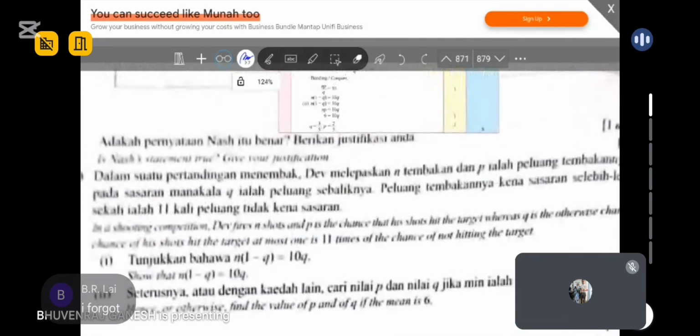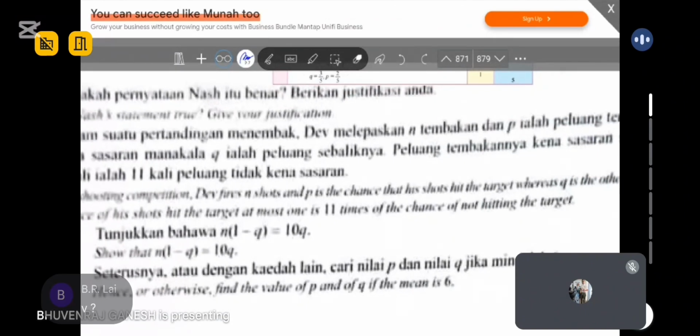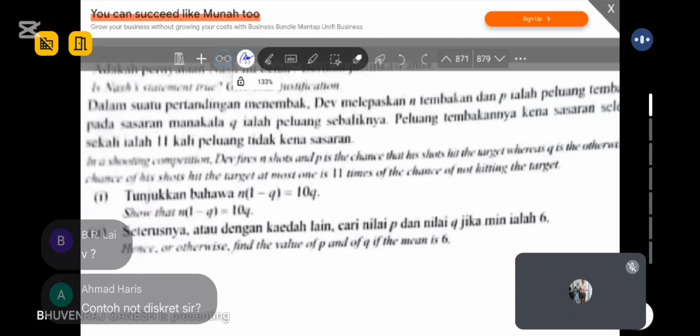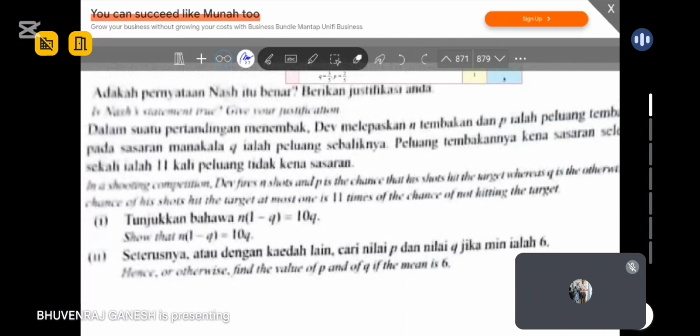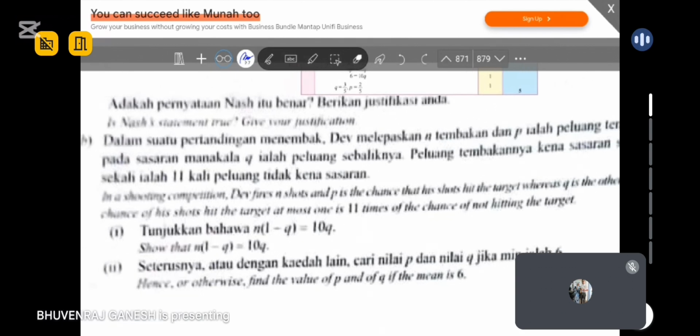Continuous is your normal graph, and discrete is your binomial graph. An example of not discrete is your exam marks, guys. Exam marks in SPM will follow a normal distribution. Easy. That is an example of not discrete, meaning continuous.